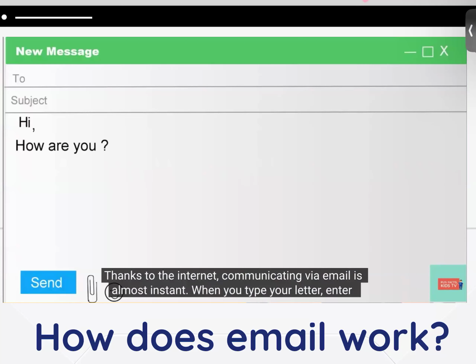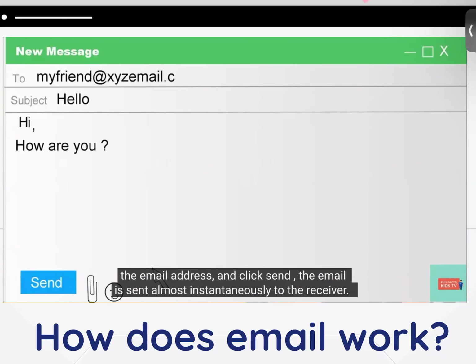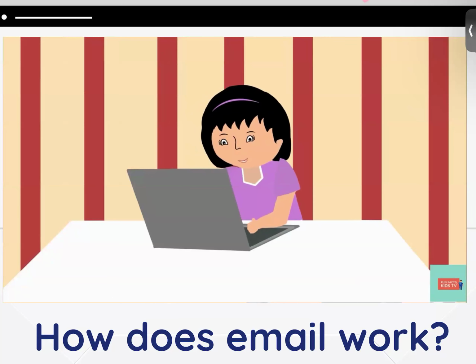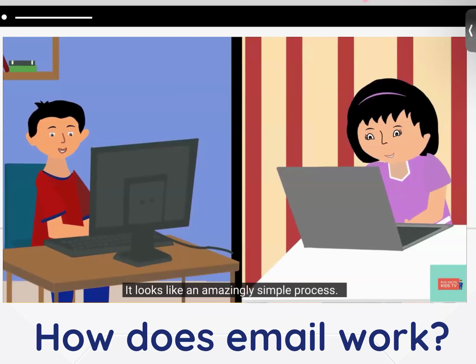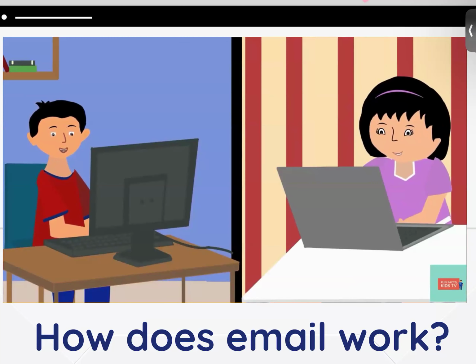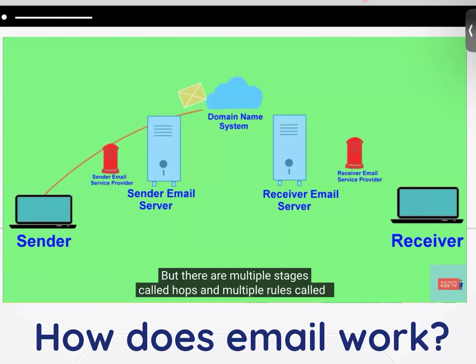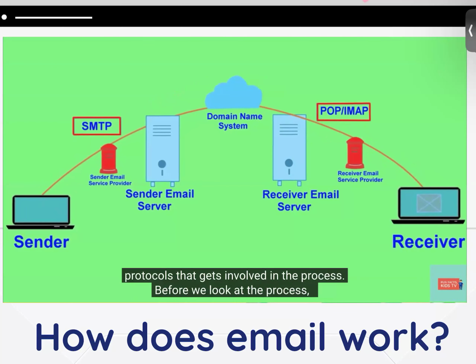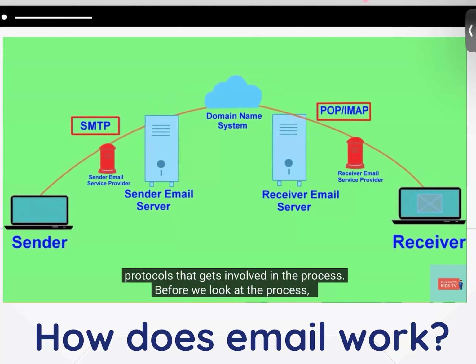When you type your letter, enter the email address and click send, the email is sent almost instantaneously to the receiver. It looks like an amazingly simple process, but there are multiple stages called hops and multiple rules called protocols that get involved in the process.